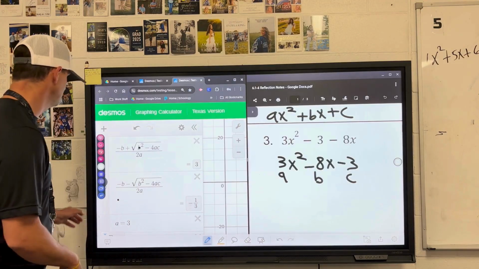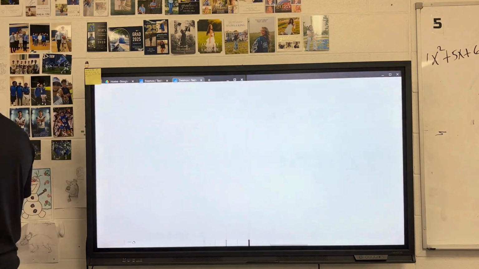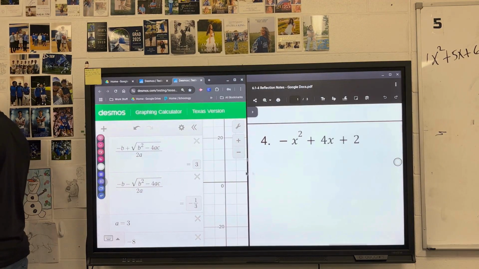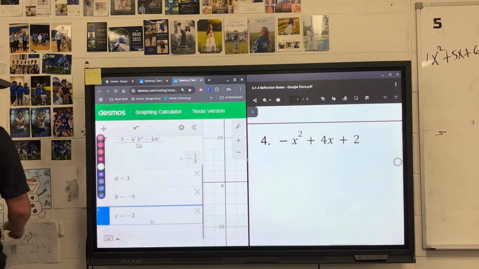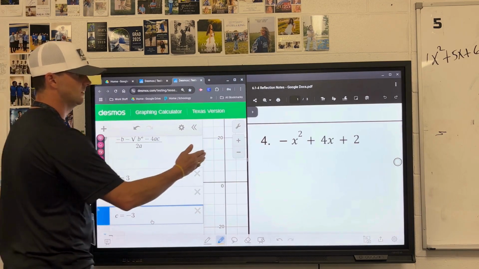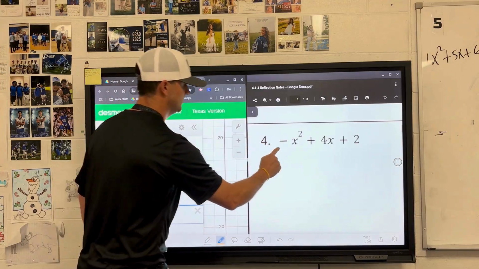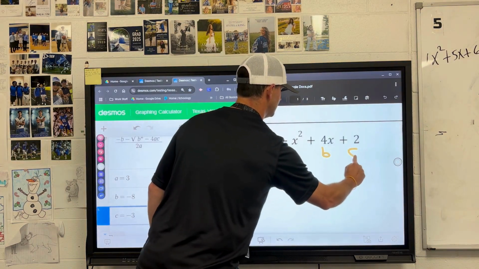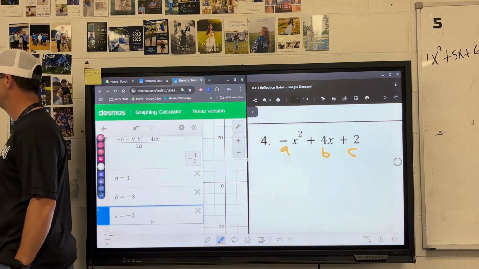So now let's do the same thing with number 4. Let's roll over to number 4. All I have to do is change my A, B, and C values. This one is already written in standard form, so this would be my A value, this would be my B value, and this would be my C value. So now all I gotta do is replace.